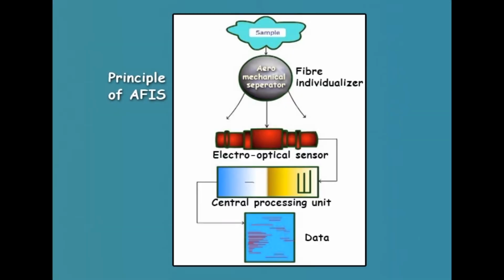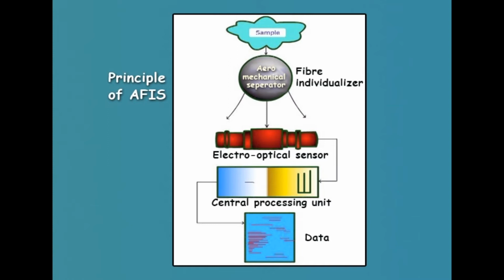Now, let us have a look at the AFIS method. The AFIS method is based on aeromechanical fiber processing similar to opening and carding, followed by electro-optical sensing and then by high-speed microprocessor based computing and data reporting.